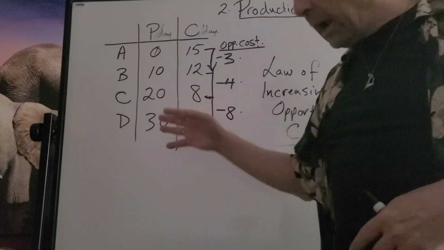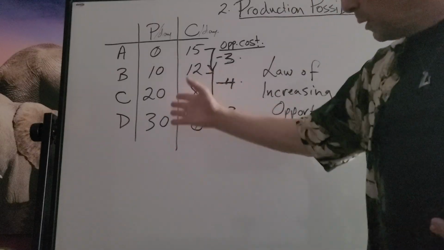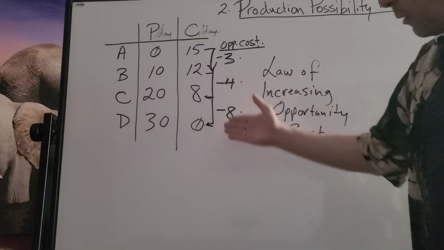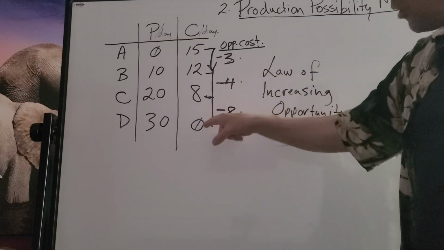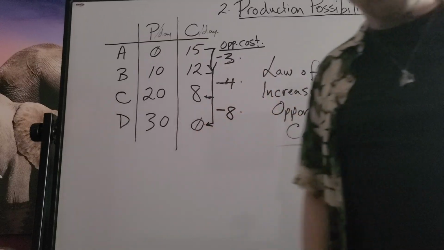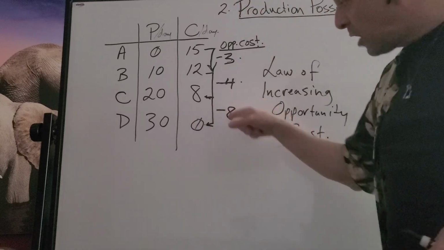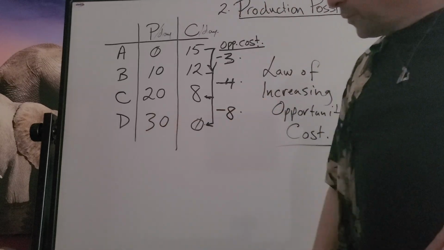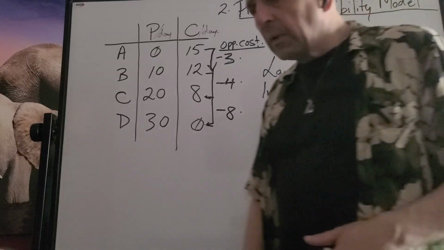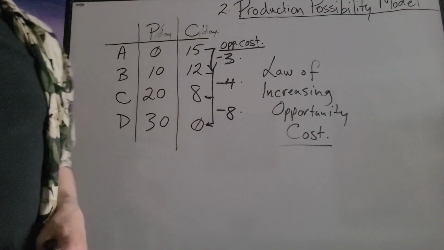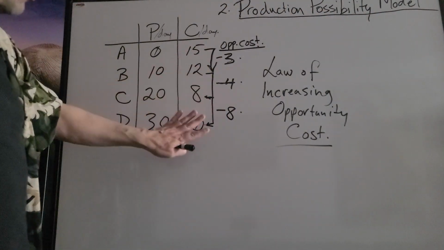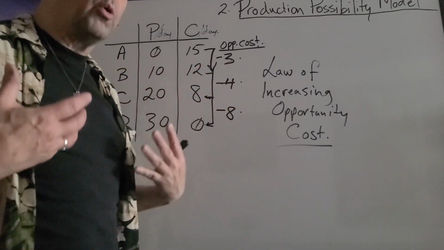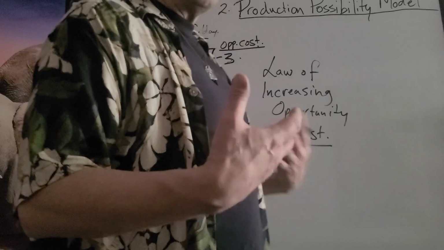And then when I really wanted to focus and get those last 10 pineapples, I had to take away more time from crabs to the point that I don't even have any time left over for crabs at all, and it cost me all 8 in order to get those last 10. So from this you can see this law of increasing opportunity cost, and we do tend to find that is true.